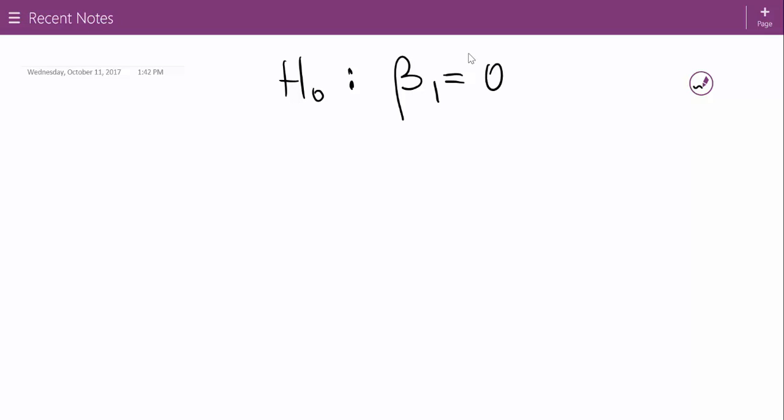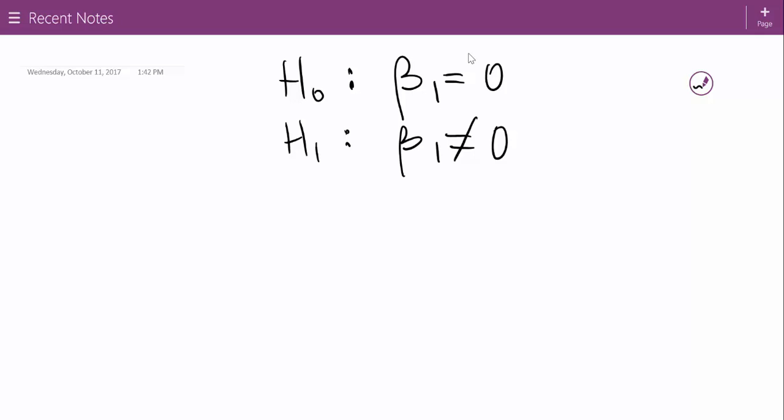Get rid of slope, eliminate mileage out of the equation, and you're going to be stuck with just as good of a model as this one, okay? And the alternative is, no, slope has to stay non-zero. So therefore, this model is statistically significant. There is a statistically significant relationship between the mileage and the price, okay?